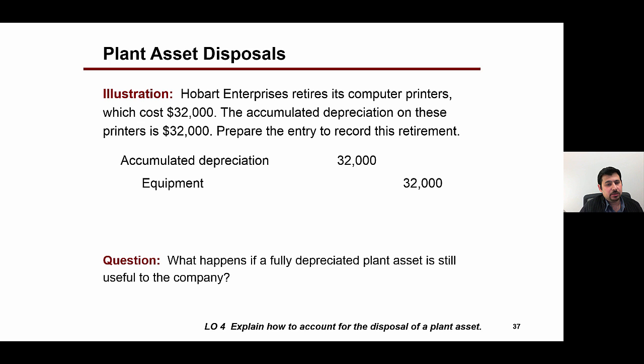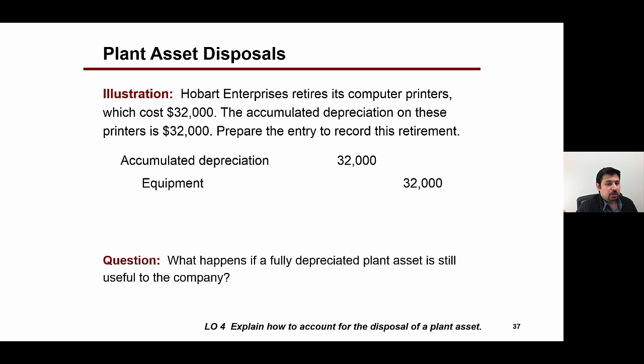But in certain cases, the companies would still want to use those printers. Let's say that those printers are still functional and the company still wants to use them, and does not want to throw them away, although they have been fully depreciated. No one can force them to get rid of them. Instead, the company will keep on using them, and on the balance sheet the company will still report equipment at $32,000 and accumulated depreciation $32,000.